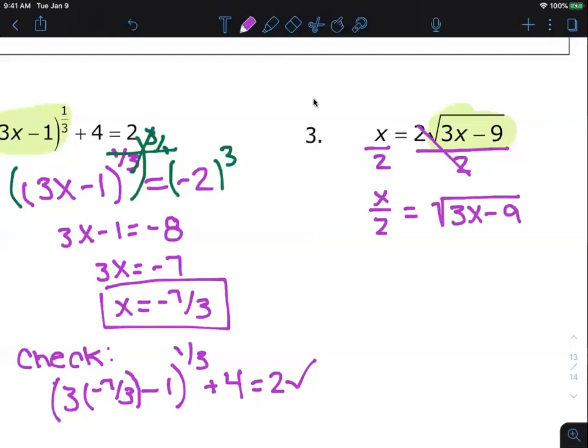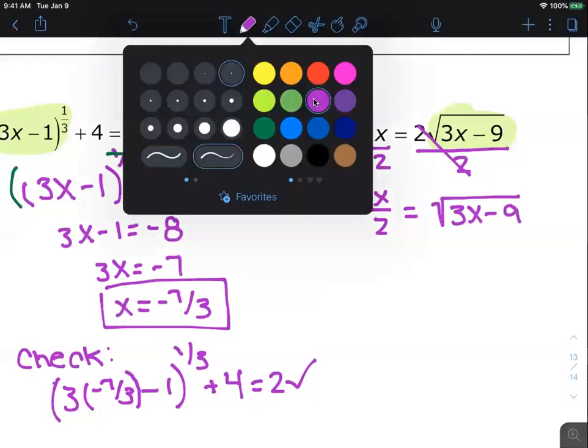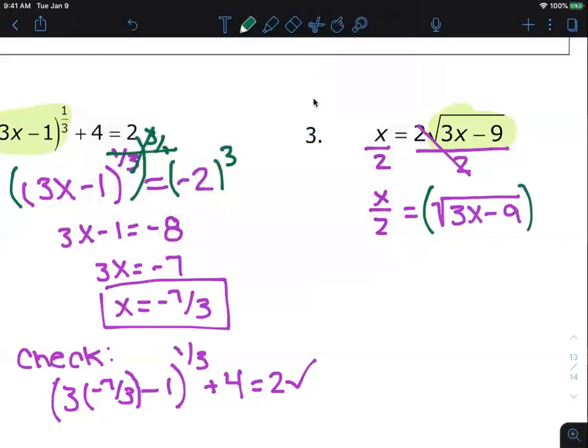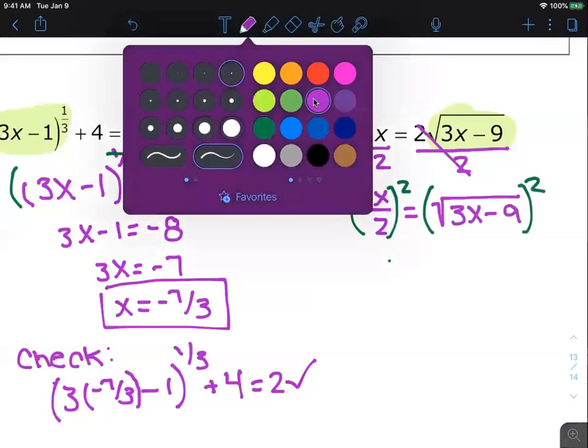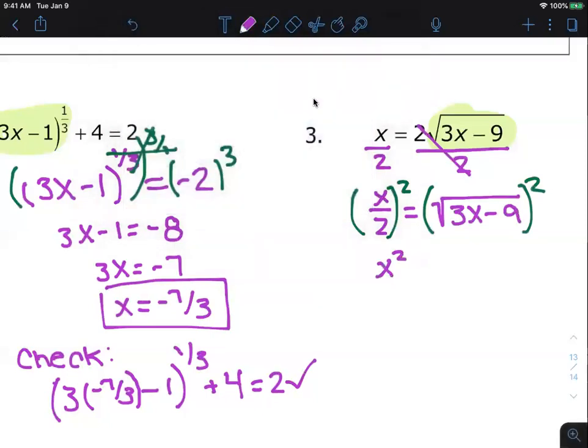To undo a square root, the inverse operation is squaring. So you have to go ahead and square both sides of the equation. What happens to the left side when you square it? x squared is x squared. And then 2 squared is 4, because remember you have to square everything inside of the parentheses.